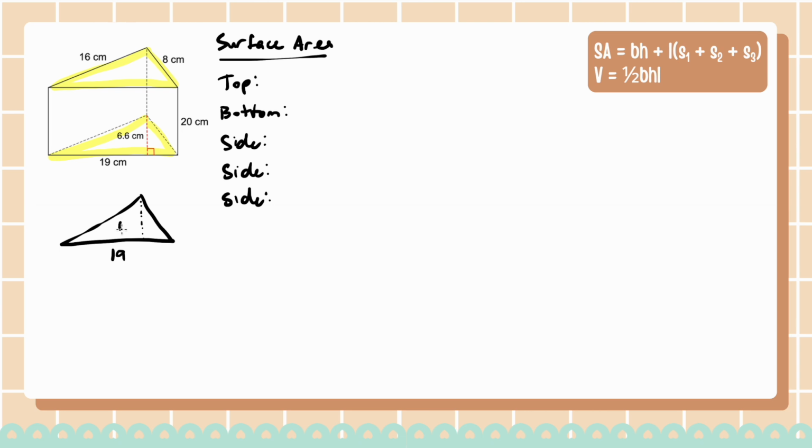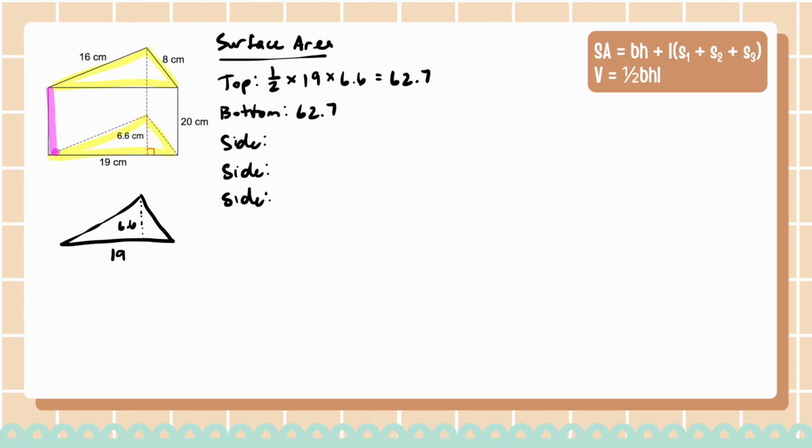It's 6.6. All right, so using these two numbers, I'm just going to plug it into my area formula. So 1/2 times the base, which is 19, times the height, which is 6.6. All of this gets me a total of 62.7. So if the top is 62.7, that means the bottom is 62.7 as well.